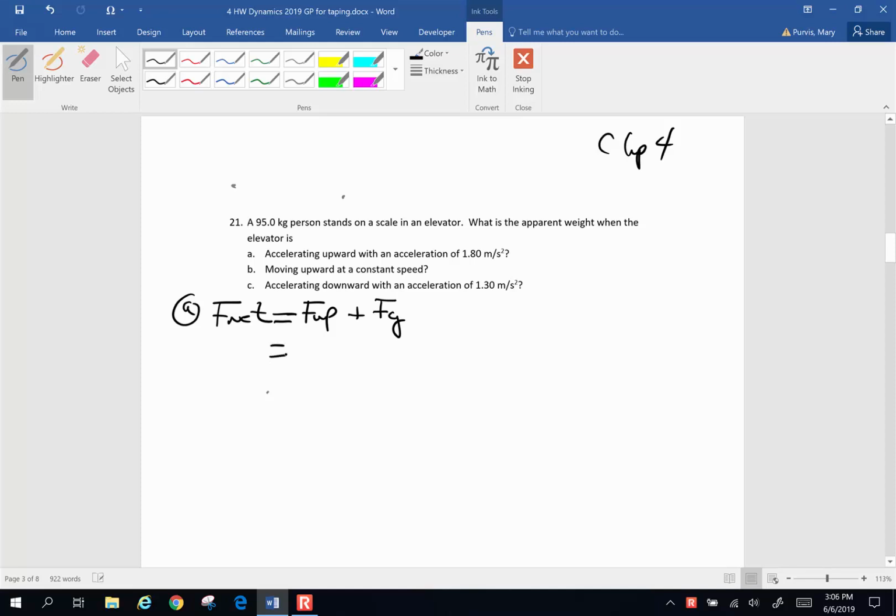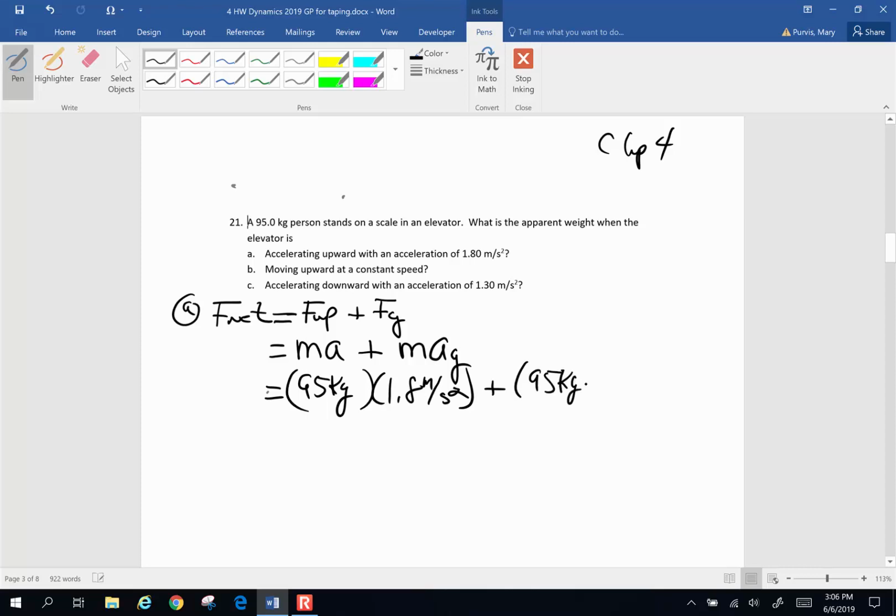So the net force is going to be their mass times the acceleration plus the mass times the acceleration of gravity. So if we have a 95 kilogram person and they're accelerated upward at 1.8 meters per second squared, plus their 95 kilograms mass times the acceleration of gravity, 9.8 meters per second squared.